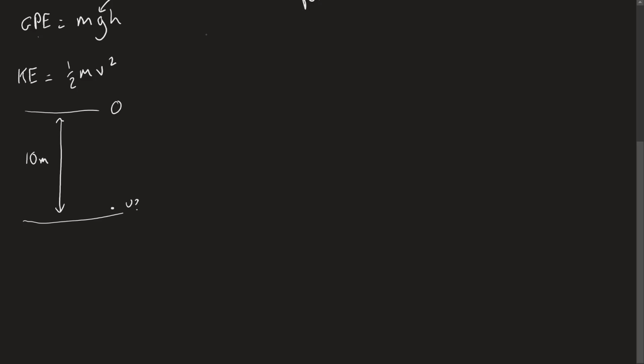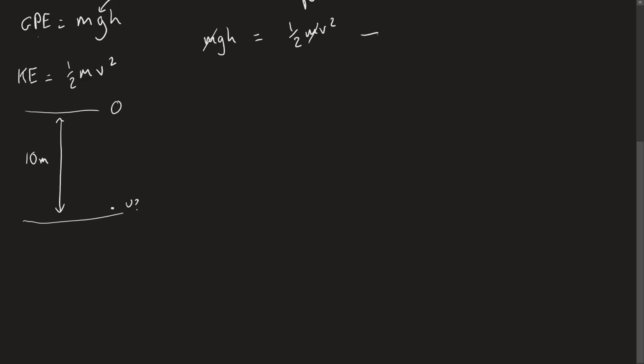We could say suvat, we could do that. We could say momentum, possibly. However, we could also just equate energies. We could say mgh, so the amount of gravitational potential energy it starts with has to equal the amount of kinetic energy that it ends up with when it's just about to reach the bottom. And you'll notice I haven't given you the mass because the mass will cancel out of this equation. You don't actually need it.